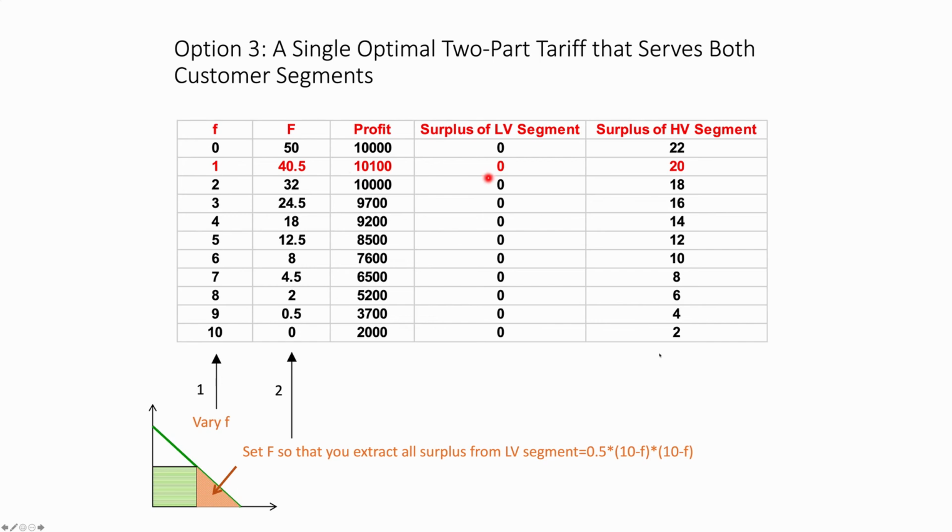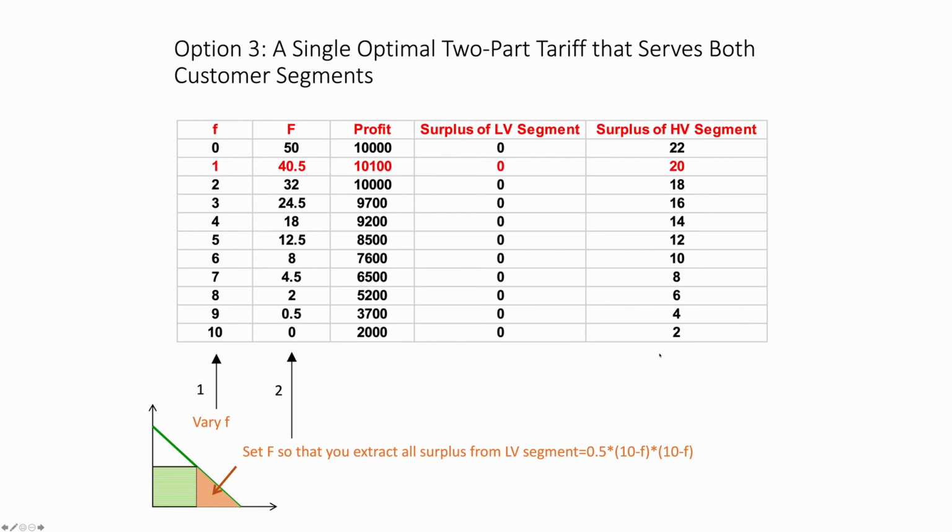And the design here is the low value segment no longer has surplus, but the high value segment will still have certain surplus. It turns out small f equals 1, big F equals 40.5, and the total profit equals $10,100 is the optimal price when we design a single two-part tariff to serve both segments.